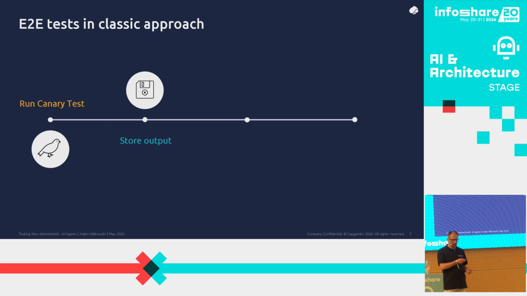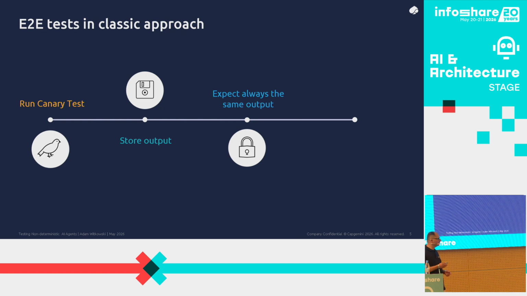I copy paste this output and put it as expectation in my test. I run my system every night in some build system, and if the output produced by my system is equal to this JSON, it's green. Of course, this is oversimplified because maybe there are some timestamps we need to avoid, or maybe we need to flush the database because the IDs will be incremented. But in general, that was end-to-end testing.